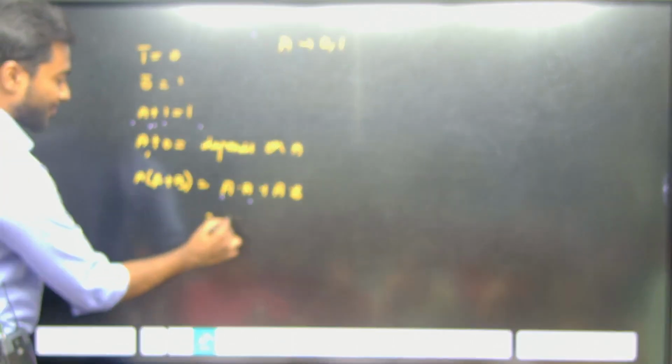So it depends upon the value A plus A dot B. Take down the first 5. Next we will go for the next one.